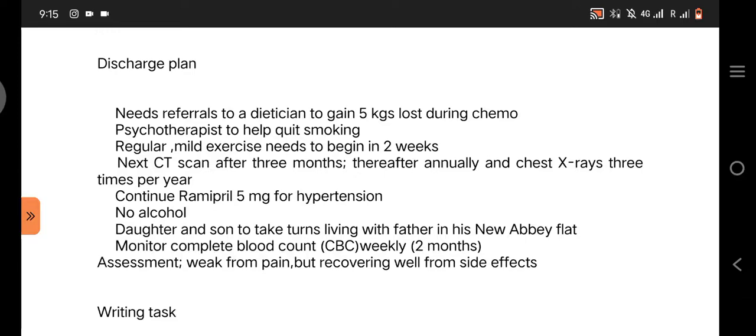Physiotherapist to help quit smoking, psychotherapist to help quit smoking. Mild exercises need to begin in 2 weeks. Next CT scan is after 3 months. Continue Ramipril and monitor complete blood count, and so on. Okay, so these are the things the reader is supposed to do, as given in the discharge plan.